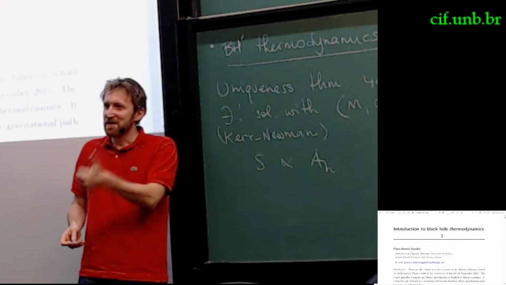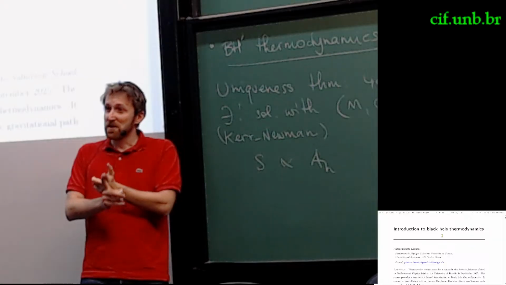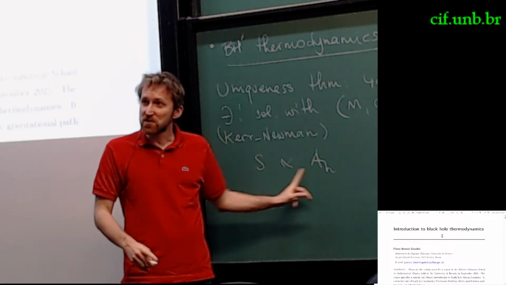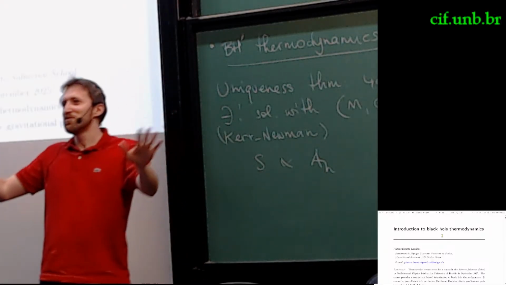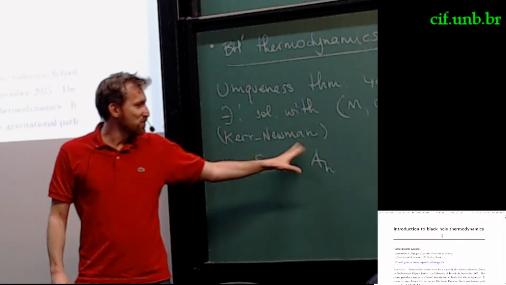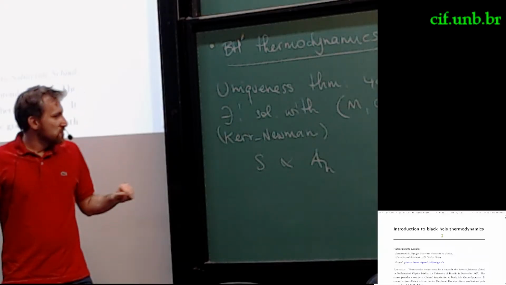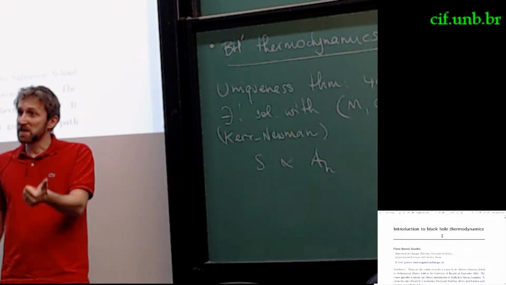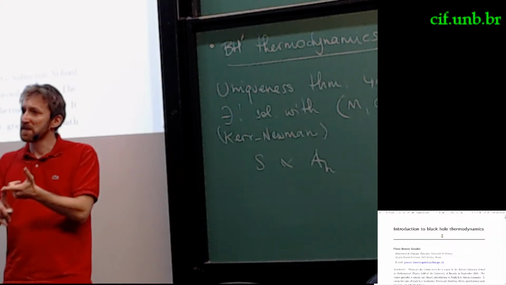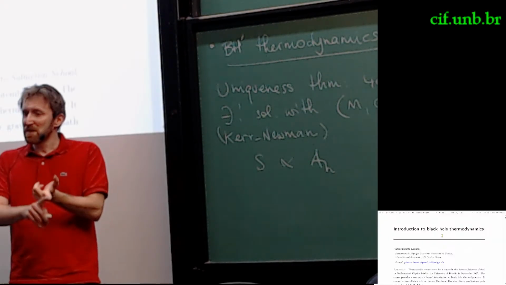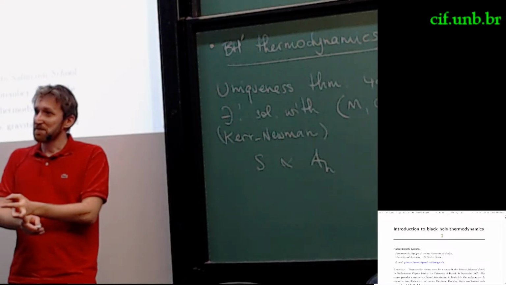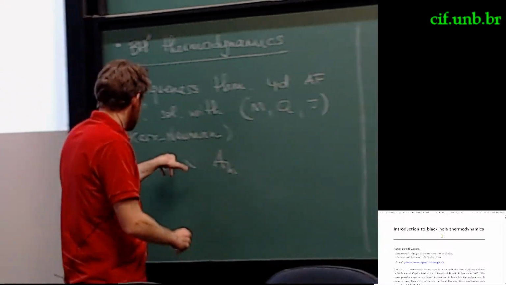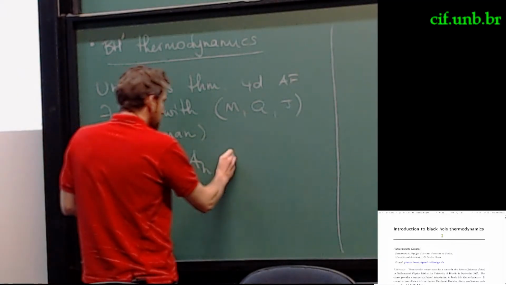With only the velocity of light and Newton's gravitational constant, you cannot make this entropy dimensionless. Remember that the Boltzmann constant is 1, or just put it in front, right? So you want a dimensionless quantity, but you cannot make one just using c and G, because G contains a mass. So you need something with a mass, and H-bar does contain a mass. So there is a way of writing the entropy in this way.